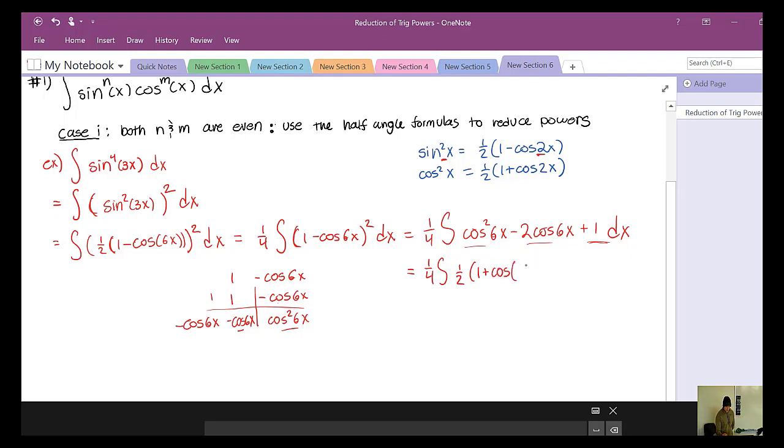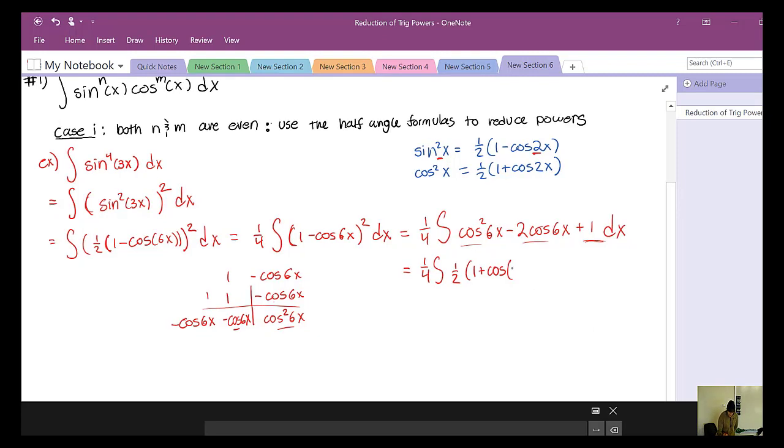That should be 12. So in this formula, it becomes 12x.